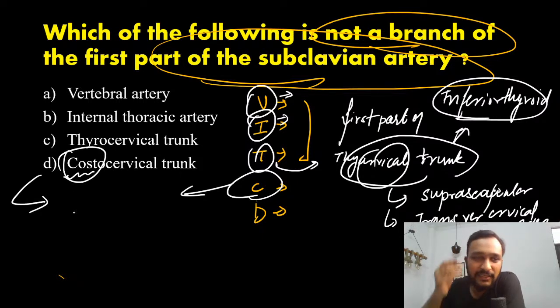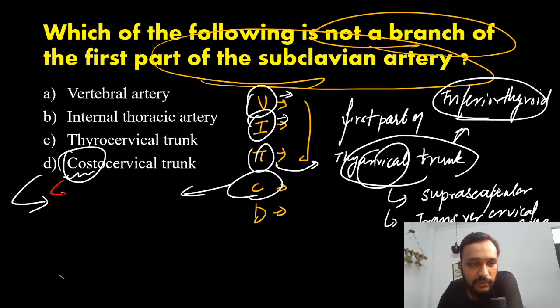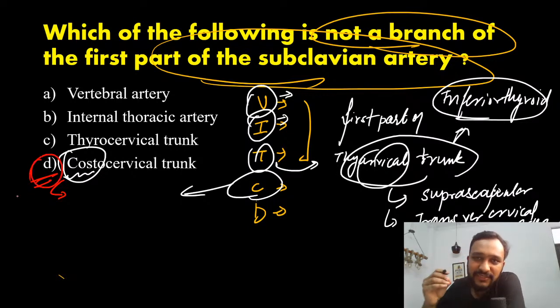What is the branch that is going to come from the costocervical trunk that is going to supply the first two intercostal spaces, guys?